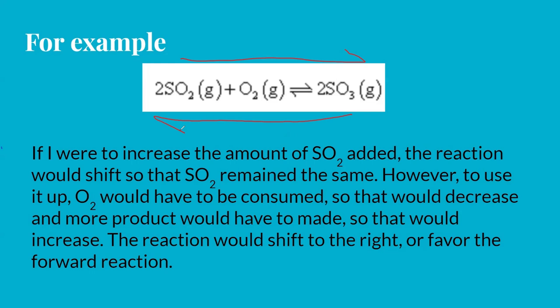So if I do something to this side, so say I increase this one, or I increase the oxygen, the reaction will shift to try and get rid of the extra that I added. That will force the reaction to go forward and make more product. So the concentration of this will go up. The concentration of this, whichever one you changed, will stay the same.